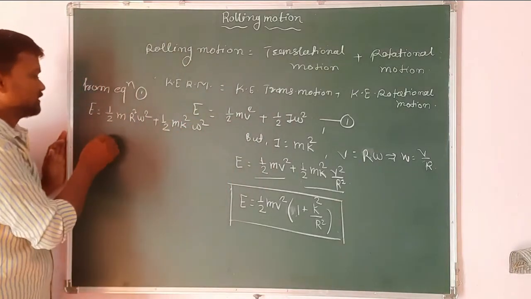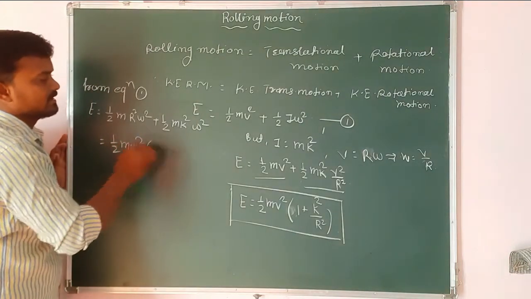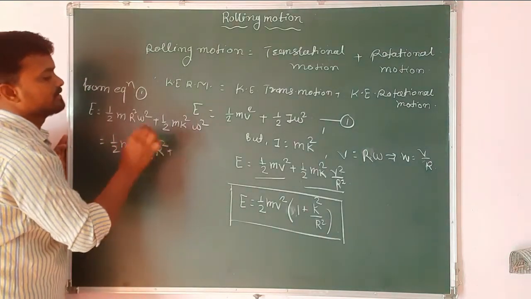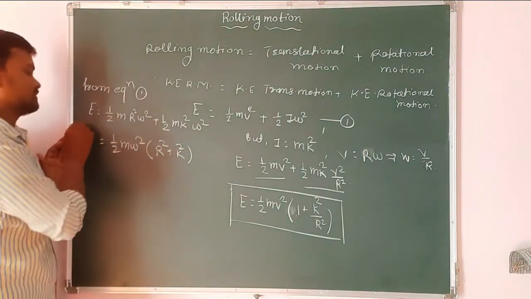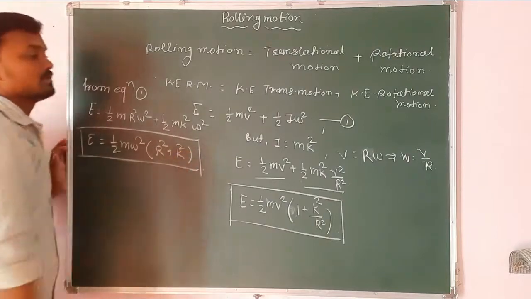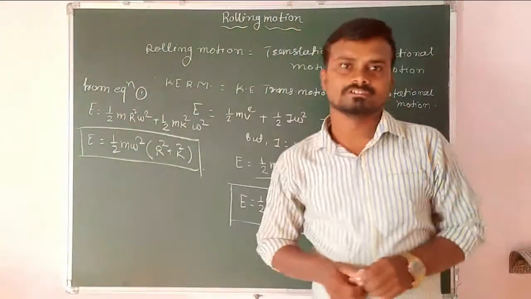Now by taking common 1 by 2 m omega square in bracket, r square plus k square. This is the expression for kinetic energy of rolling motion in terms of angular velocity.